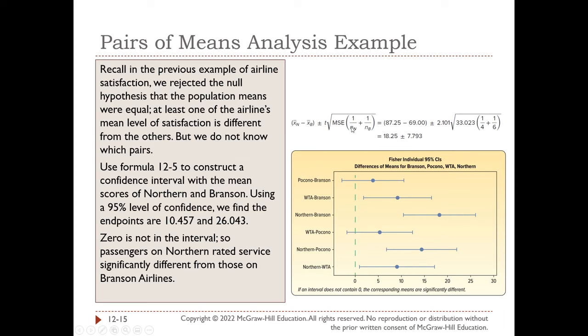So we find it's 87.25, which was the mean of Northern, minus the mean of Branson, which was 69, plus minus our t value, which we had to go look up in that 95% level of confidence.